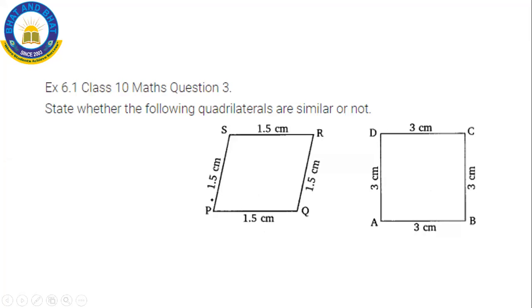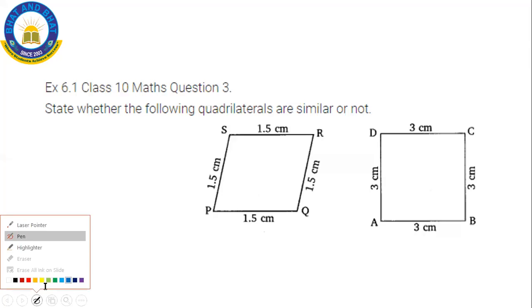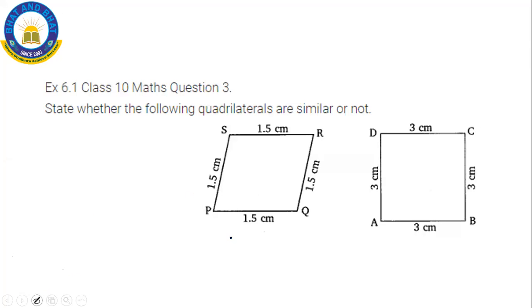Let us find out. PS divided by the corresponding side AD is 1.5 divided by 3, that is 1 is to 2.